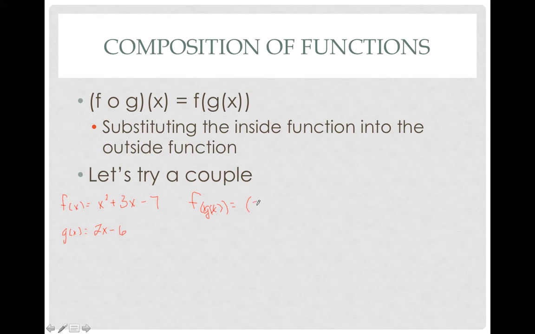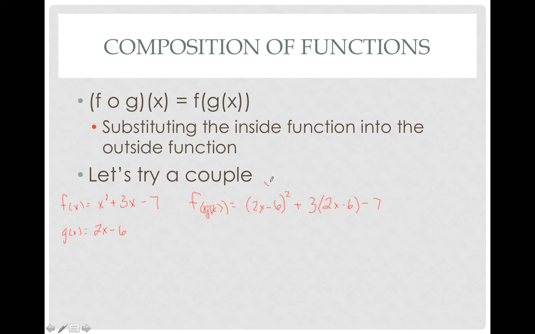So it's 2x minus 6 squared, and then plus 3 times 2x minus 6, and I'm going to subtract 7.